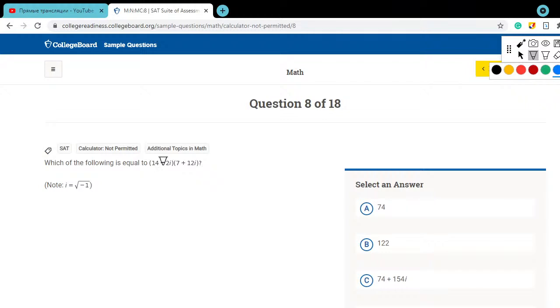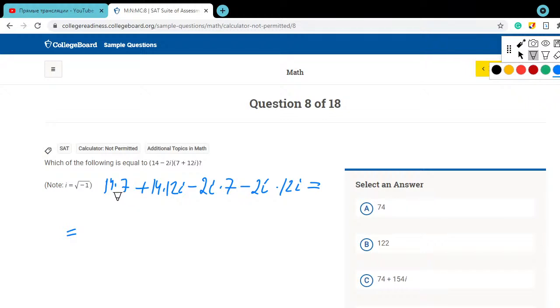Which of the following is equal to this? Okay, let's multiply. 14 multiplied by 7 plus 14 multiplied by 12i minus 2i multiplied by 7 minus 2i multiplied by 12.